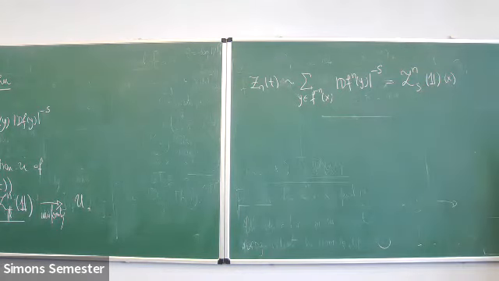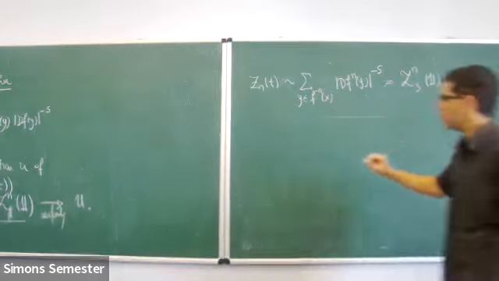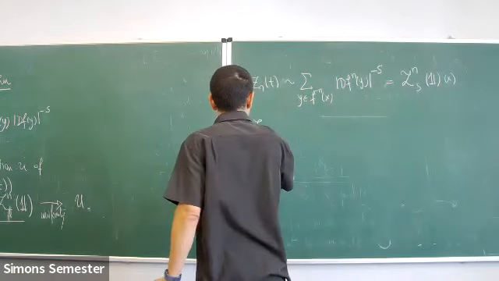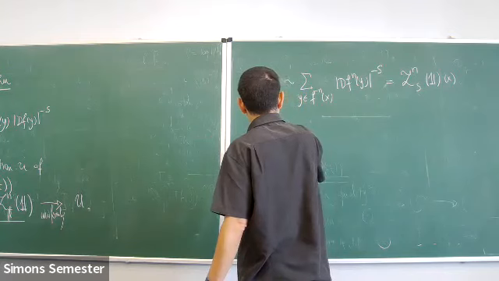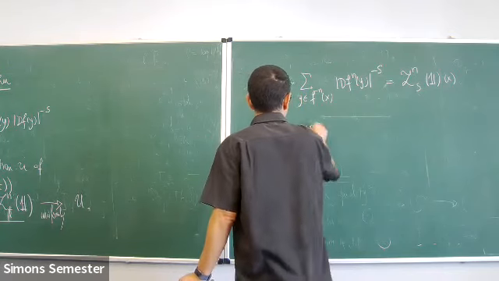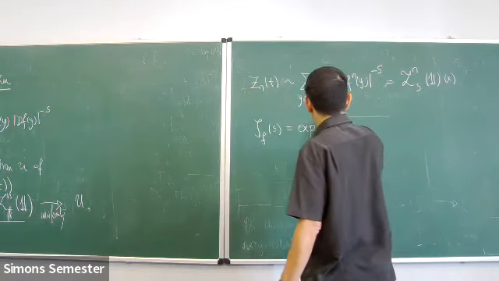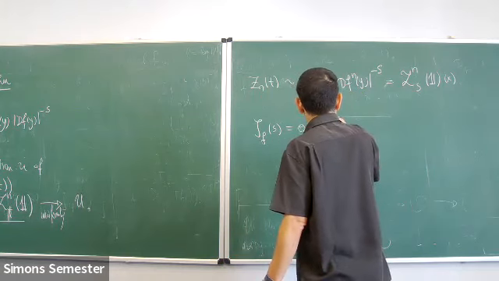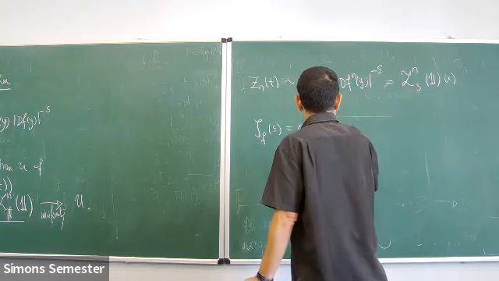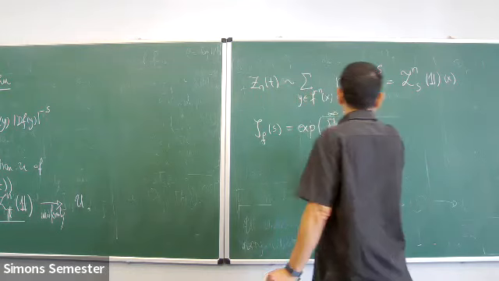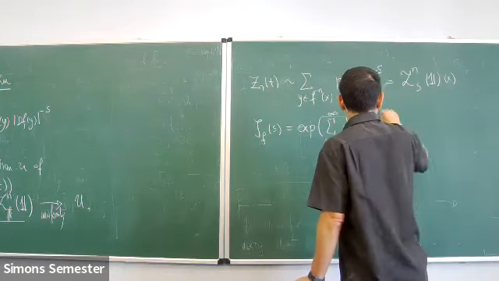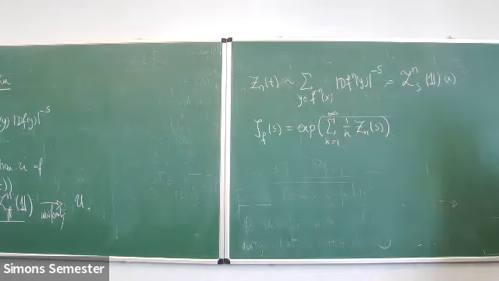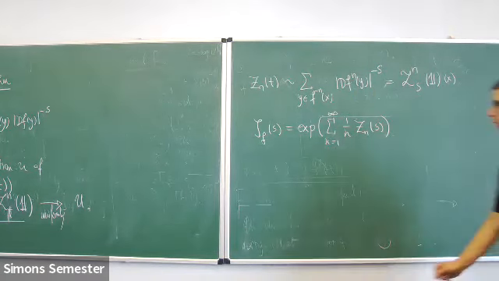Okay. Now, if we look at the expression for the Ruelle zeta function, what does it mean to have a simple pole? It means the following.